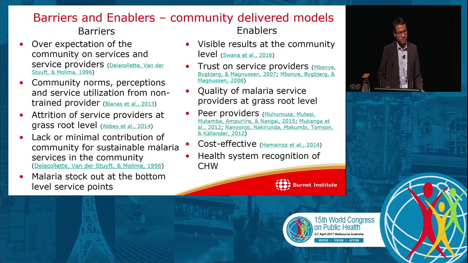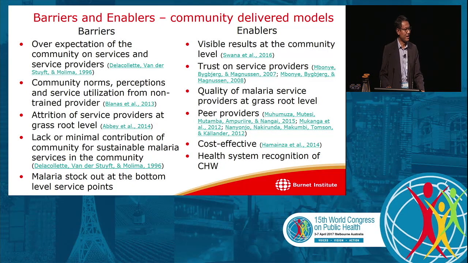Again, if we look at some of the barriers and enablers that have been researched and identified for the community delivery model, one of the barriers is over-exploitation of the community health workers' services. For example, in a number of settings in Africa as well as Southeast Asia, organizations have trained community health workers mainly for malaria services, but the community expects more than malaria from them.